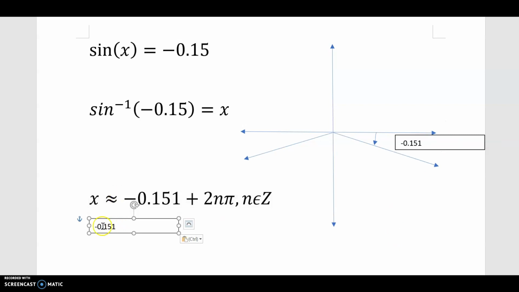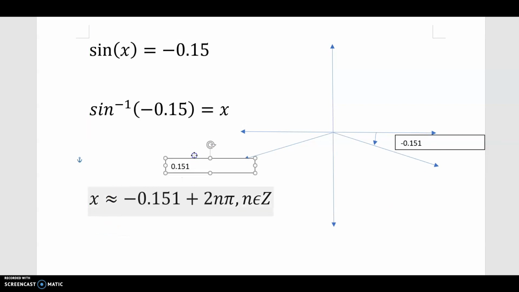In the third quadrant, I have another angle, and this angle has a reference angle of 0.151. So this angle right here measures 0.151. But how do I find the actual radian measure that goes from my initial side all the way to my terminal side?